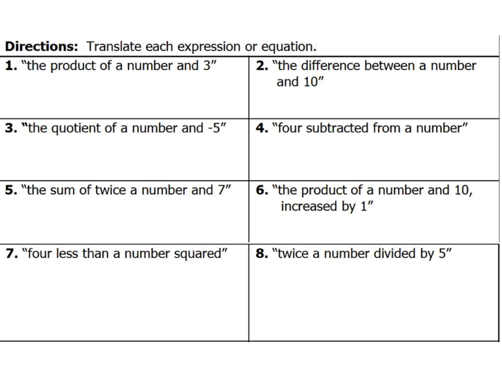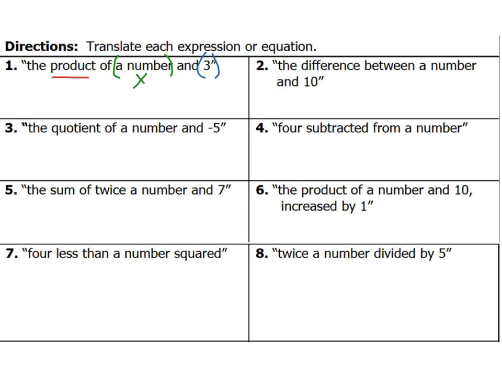Okay, so in number 1, I see the product of a number and 3. Whenever I see a number, that means it's some unknown variable. And 3 isn't going to change. It just stays 3. And so let's see how we can write that.